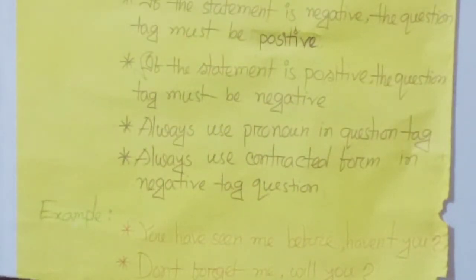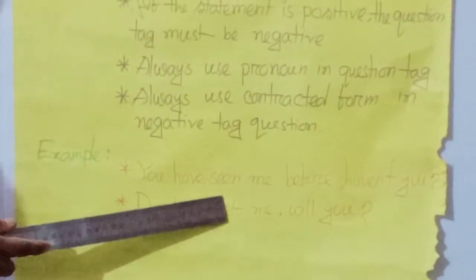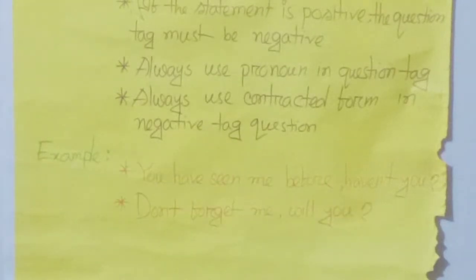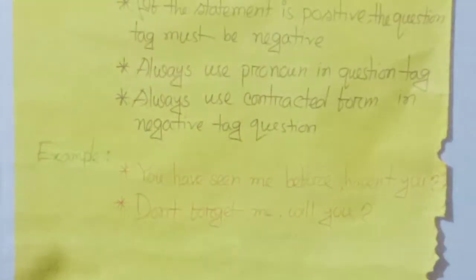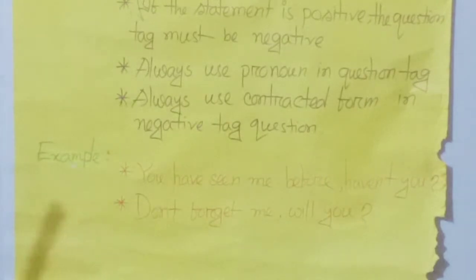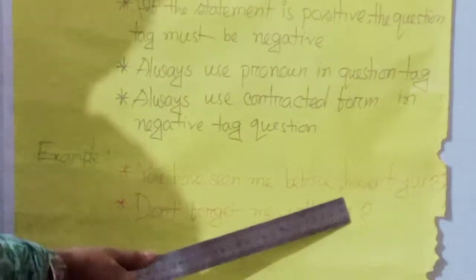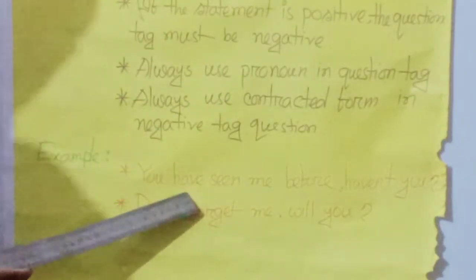Dear students, notice the examples. You have seen me before. That means I give you the information that you have seen me before. And then a question arises, haven't you, with the auxiliary in the same tense.